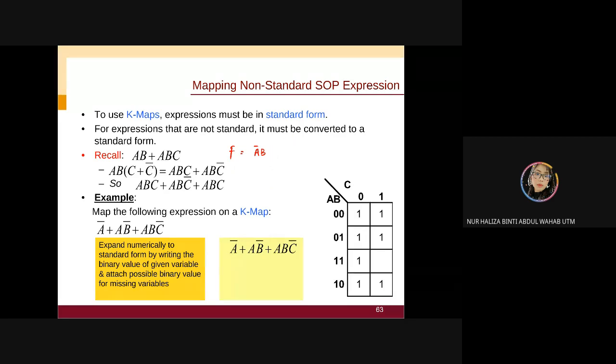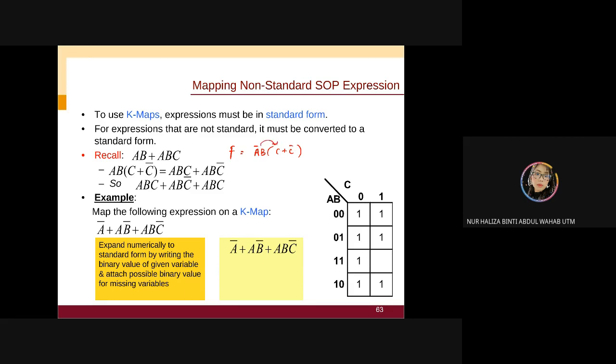So for this part, instead of going for the standardization, I'm going to multiply with C plus C bar, and get C plus C bar.